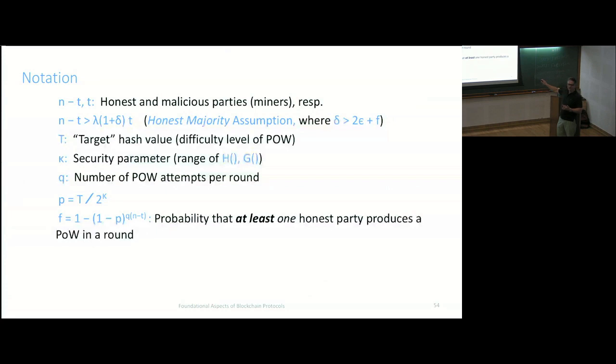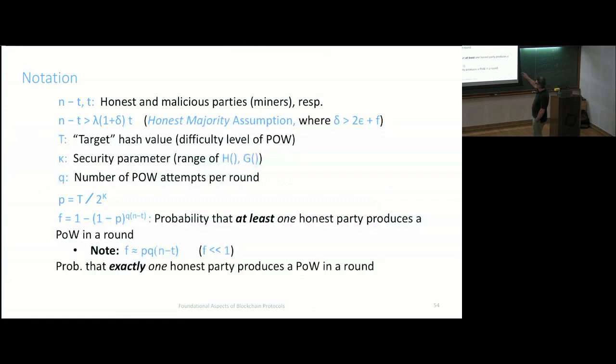One minus that thing is the probability of at least one. If you do the computation, you get something like this. And this is at least the probability of exactly one honest party, which gives a more complicated expression, which is going to look like this.